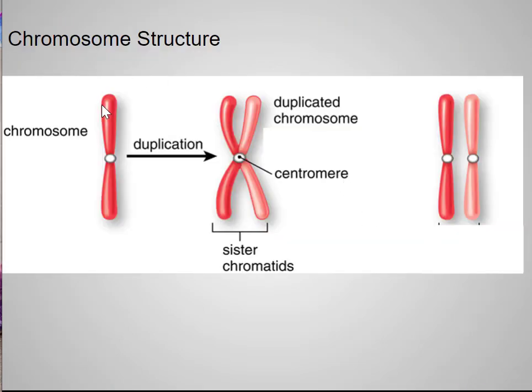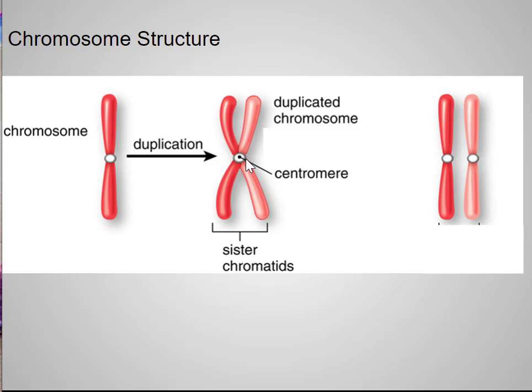Here's just another picture. We have our chromosome. It's duplicated, okay? Now, holding it together, you see this little white dot here? That's called the centromere. And that is like a little band in the middle that kind of holds it together because, again, we want them to stay together before we divide because we don't want them to be separated.